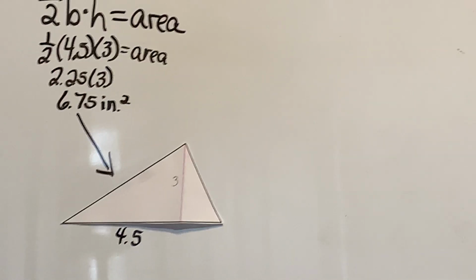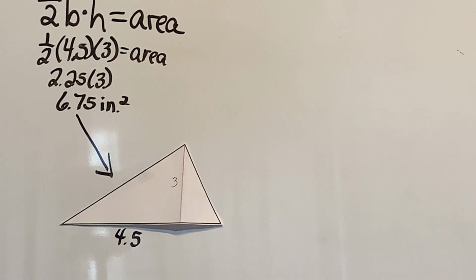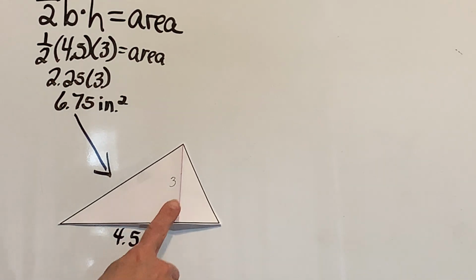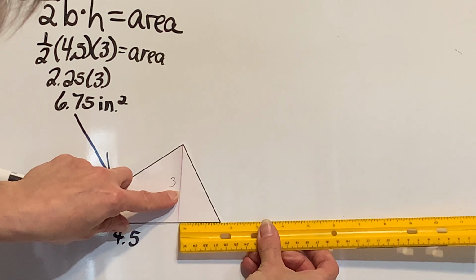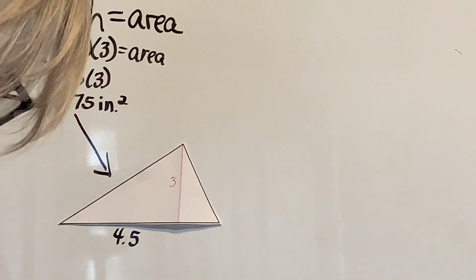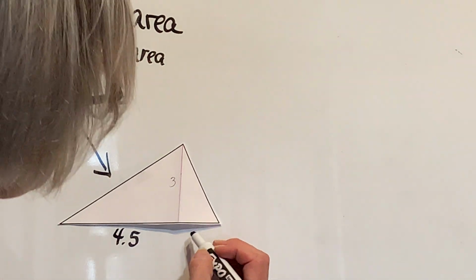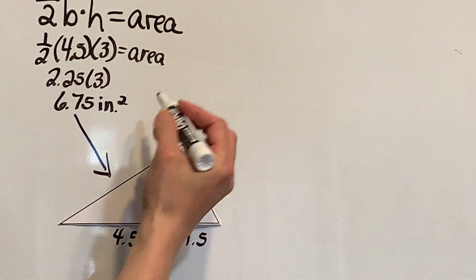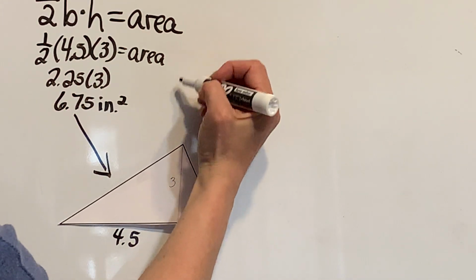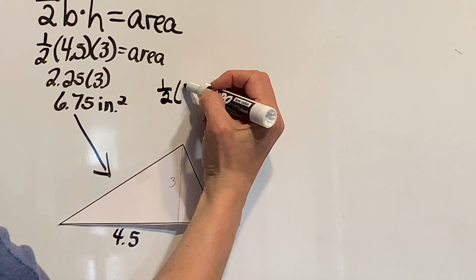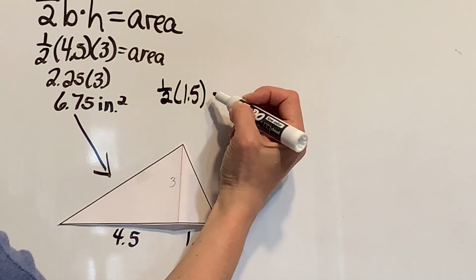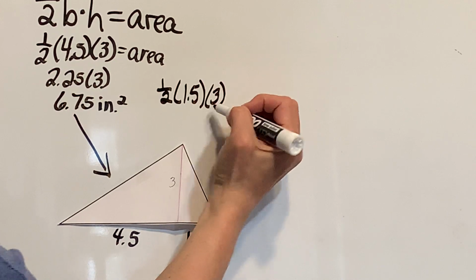Now I've got to do the same thing with the other side, but I have to measure the base for this side too. So I've got 1.5. So again, I need half base, which is 1.5, times height, which is 3.